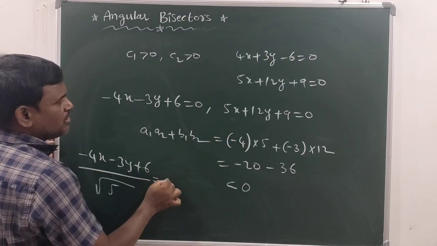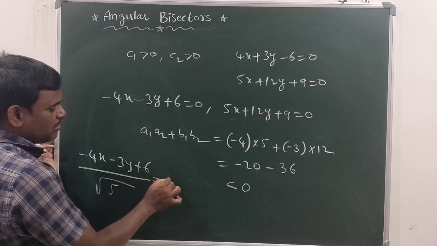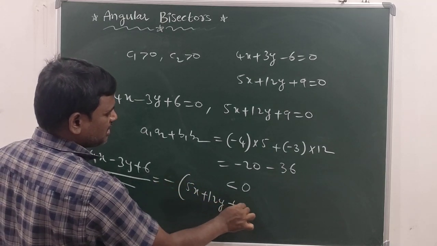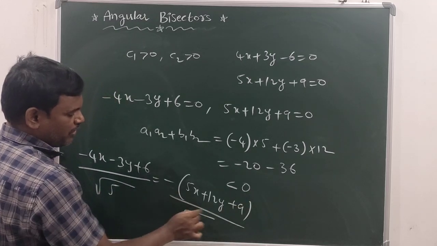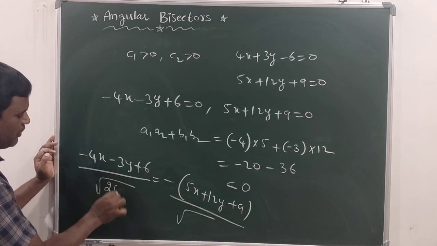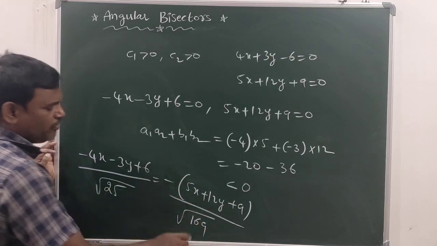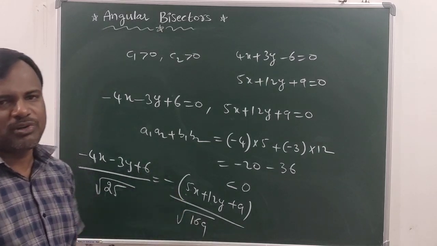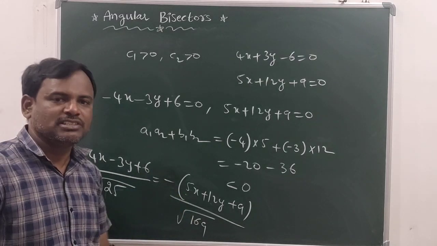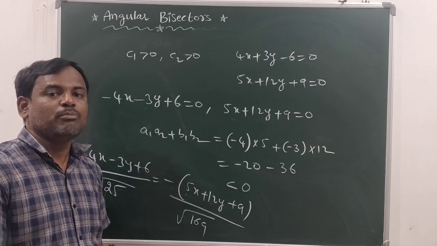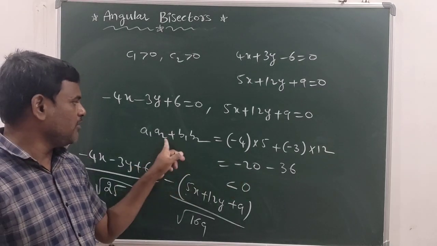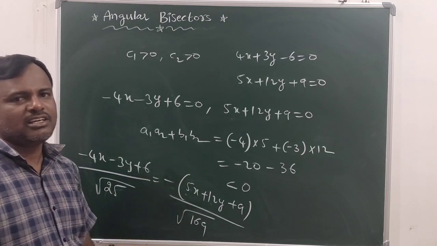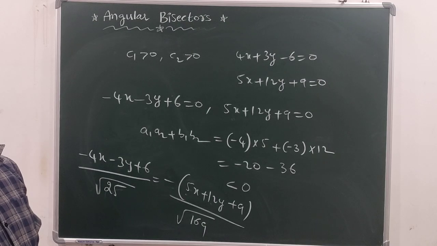Obtuse we want, obtuse means minus, so 5x plus 12y plus 9 whole by root of a2 square plus b2 square, which is root 25 plus 144, that is 169. Take cross multiplication and simplify, and you will get the obtuse angle bisector, because a1a2 plus b1b2 is negative. Whenever this expression is negative, this minus indicates the obtuse angle bisector.